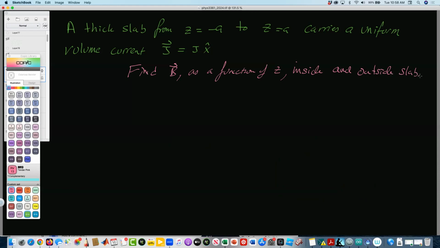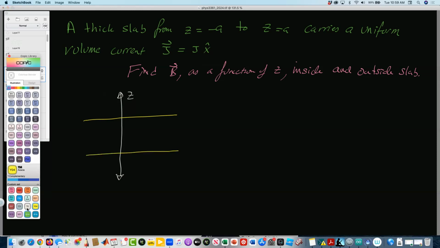Okay, let's draw a picture if we can. It's kind of hard. All right, so I'm going to put the z-axis up like this. And then the slab is basically at z equals plus a and z equals negative a.